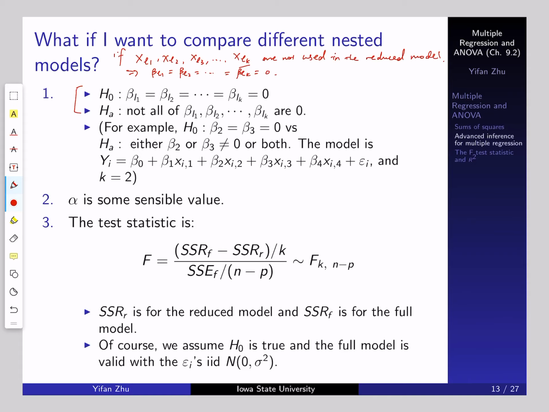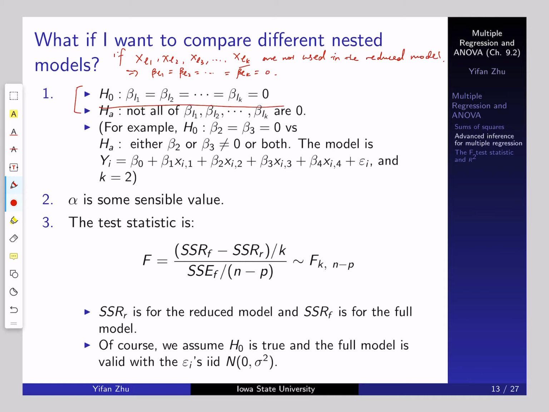So the null hypothesis is that the full model is not better than the reduced model. Then mathematically it is beta L1 equals beta L2 equals beta LK equals 0. That's why the null hypothesis is like this, because these predictors XL1 to XLK are not used in the reduced model.